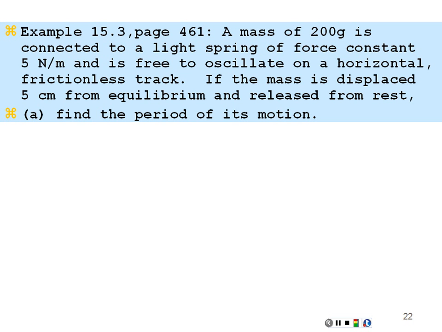If that's our t equals 0 point, then we would describe this as a cosine function with no phase angle. We want to find the period of its motion. We know the mass, and we know the spring constant, so we can find our angular frequency, which is one of the first things we want to find. So omega is the square root of k over m.